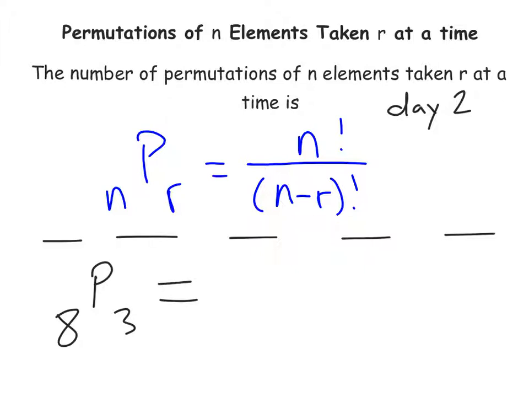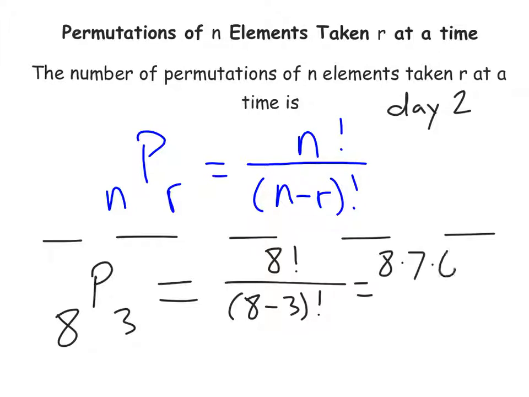because we were only concerned with the first 3 places. So if I went with this approach, I'd have 8 factorial over 8 minus 3 factorial, which would be 8 times 7 times 6. I'm fully aware we already solved this problem, but I want to show you this formula would work perfectly, as those 5 factorials will cancel, and if you go back and check your work, that's how we got it.